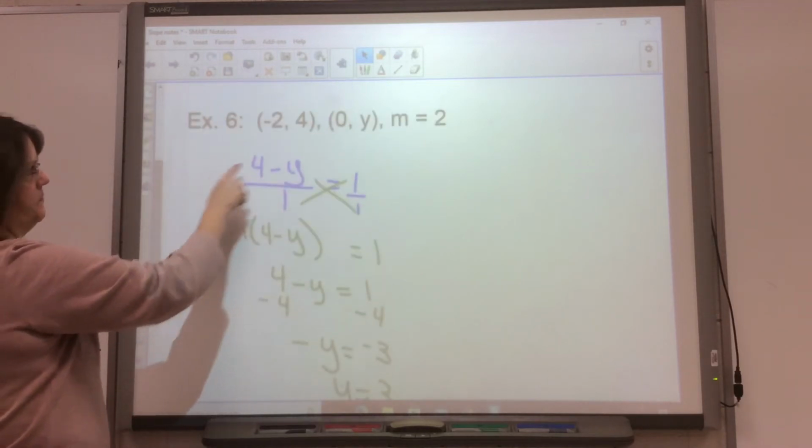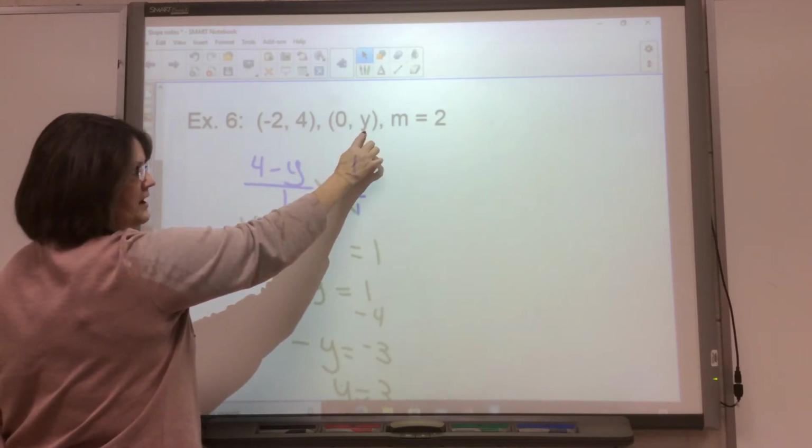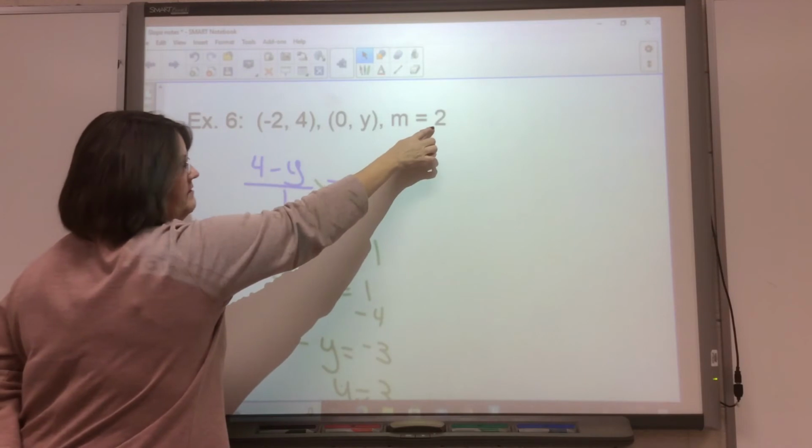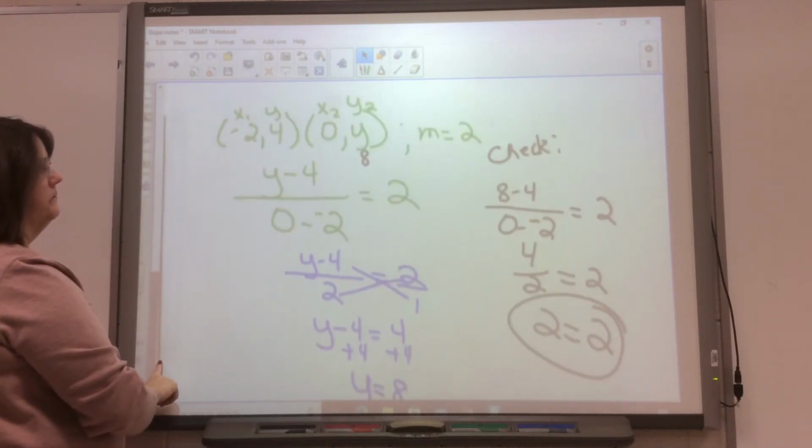All right, and then in this problem, we have the point negative 2, 4, and we have a point 0, y, where we're trying to find the y coordinate, and we have a slope of 2. So we're going to go down here.